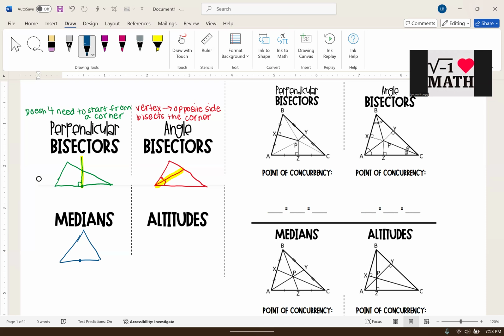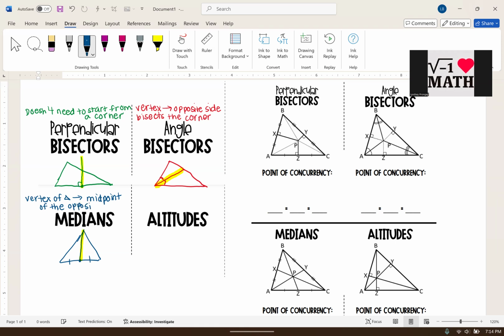But first of all, it does need to start in the corner, and it doesn't necessarily have to be perpendicular. So here, that would be the median because it is starting at the vertex of the triangle and going to the midpoint of the opposite side.